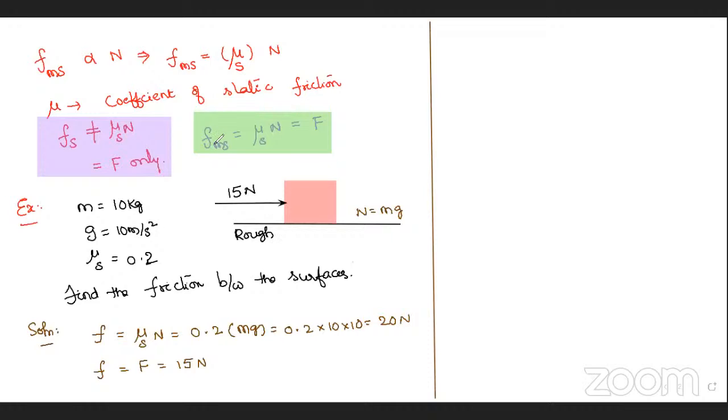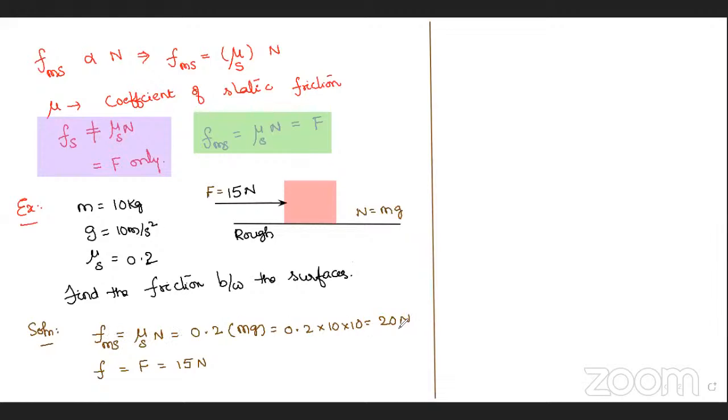What I said: if the applied force is equal to the maximum static frictional force, then write F is equal to mu s into N. That's what I explained here. So I checked both. Applied force is equal to 15. What will be the maximum value of static friction?